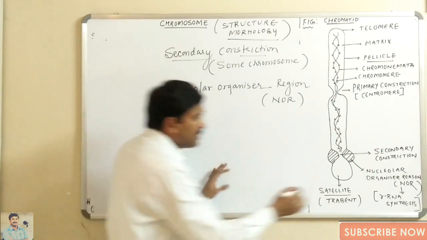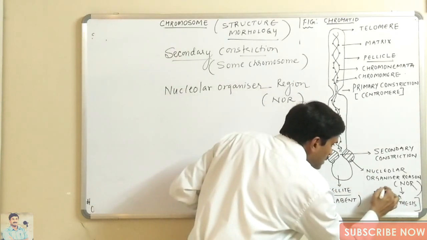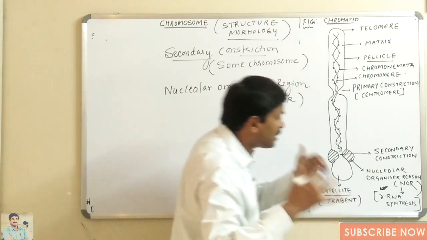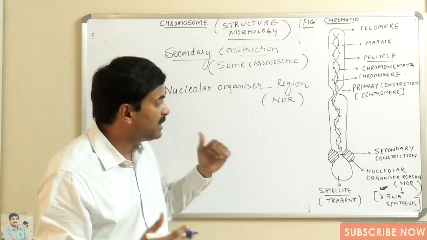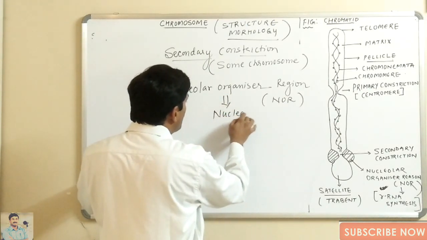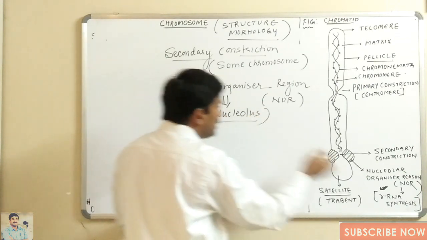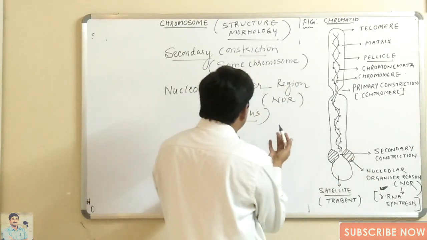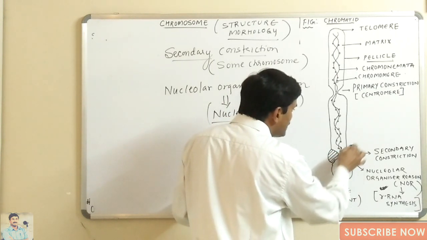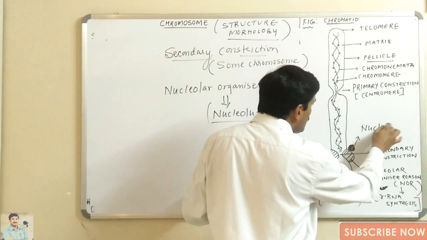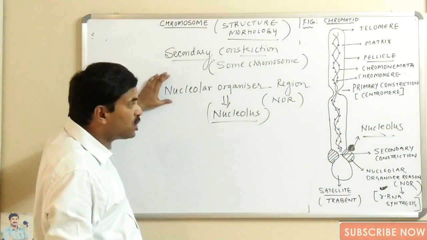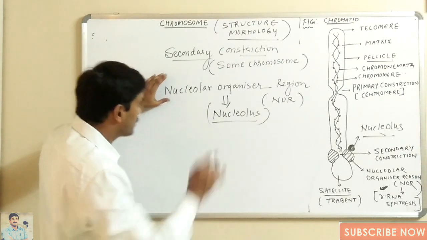This part is very important because this part is concerned with ribosomal RNA, rRNA synthesis, means this part is responsible for the formation of the nucleolus, right? And here we can see that near the nucleolar organizer region, what is present? Nucleolus is present, and because nucleolus is present here, it is called the nucleolar organizer region, right?